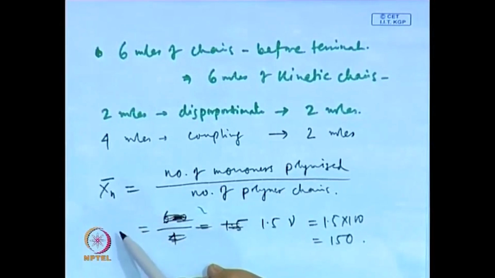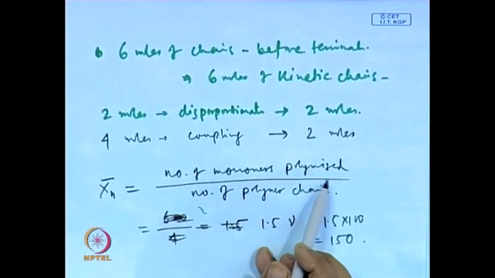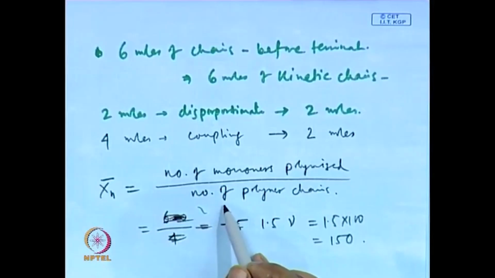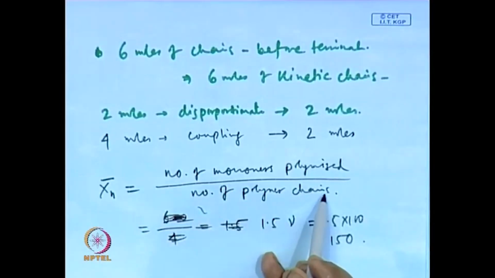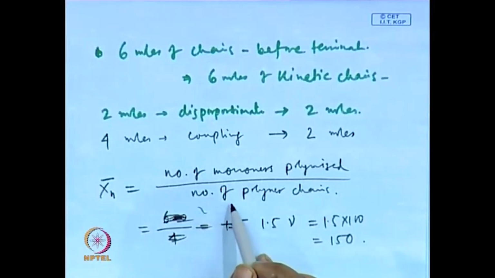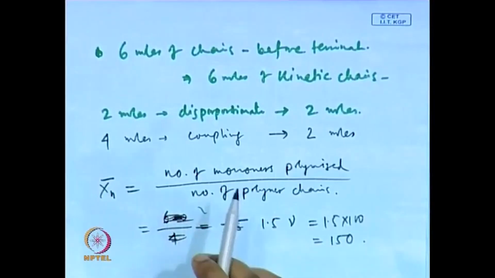Now, remember in the step polymerization case, what was xn bar, the average degree of polymerization? Again it was the number of monomer molecules polymerized divided by the number of molecules present at the end of the reaction. That means, in step polymerization, we consider every molecule present at the end of the polymerization as part of the polymer sample, because there is no boundary between monomers and high molecular weight polymers, nothing intermediate.